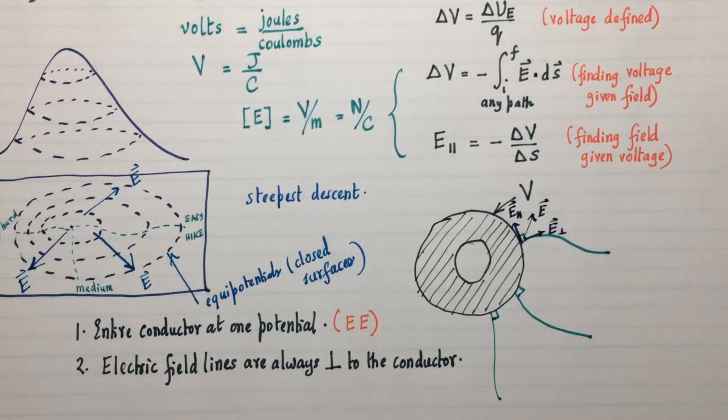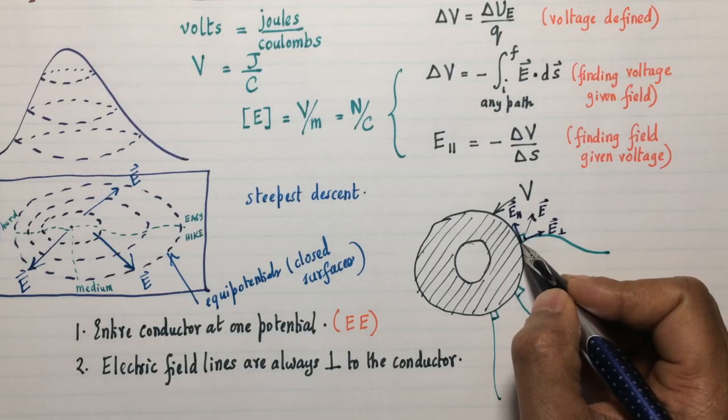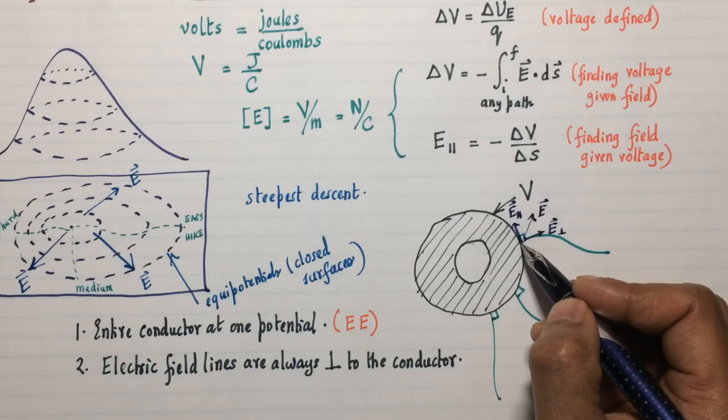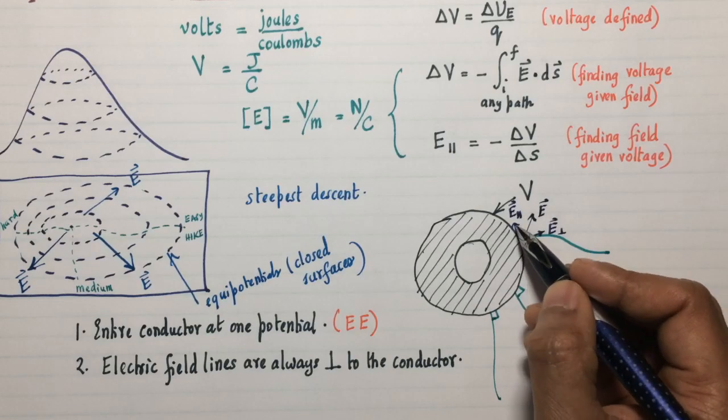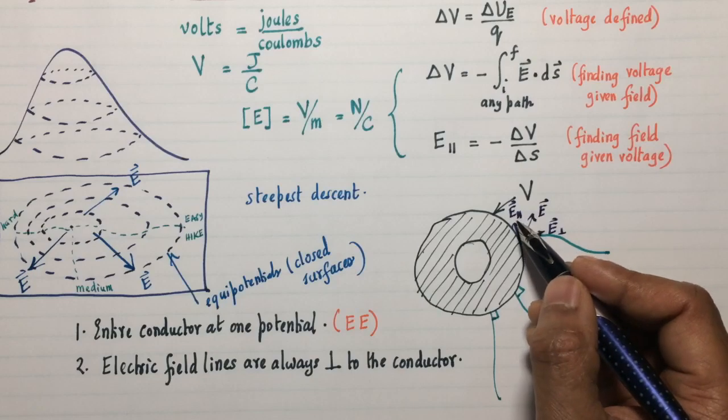You can probably already see where this argument is going. If I have a small test charge here, then because of the parallel component, it'll scoot along the direction of the conductor. But if it moves along the conductor due to the electric field E parallel, it must accelerate because F equals QE equals MA.